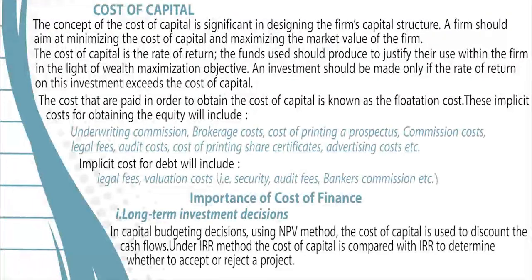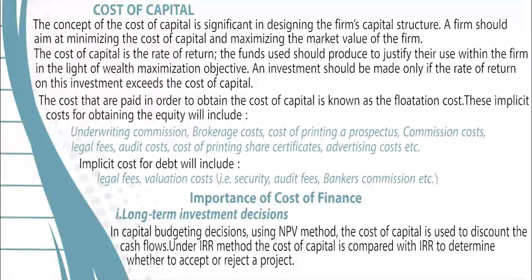In capital budgeting decisions, using the net present value method, the cost of capital is used to discount the cash flows. And under the IRR method, the cost of capital is compared with IRR to determine whether to accept or reject a project.